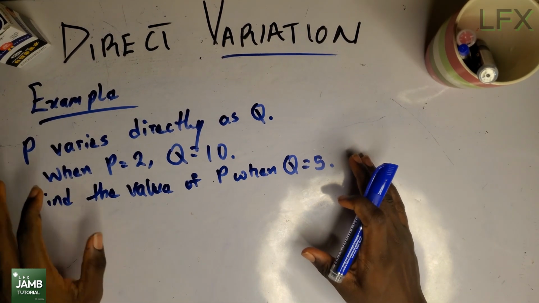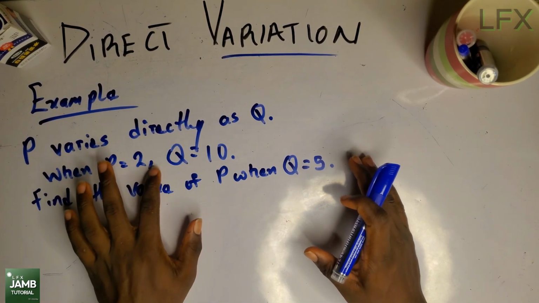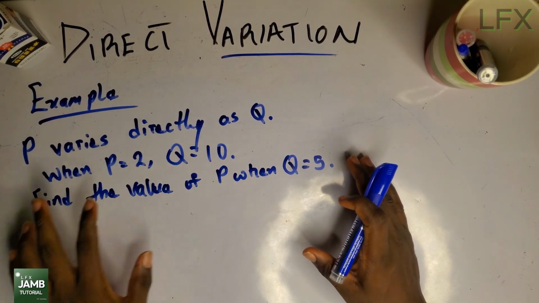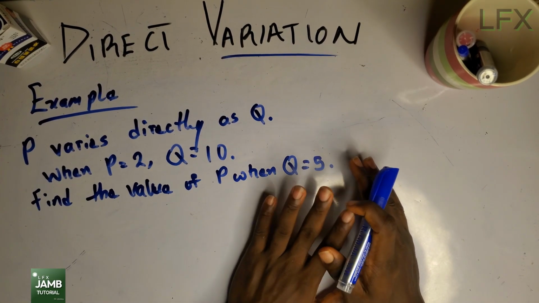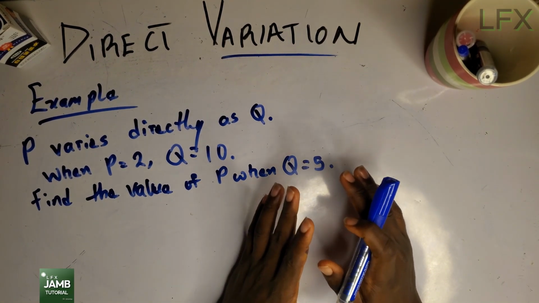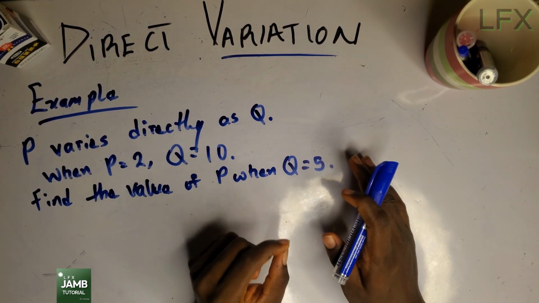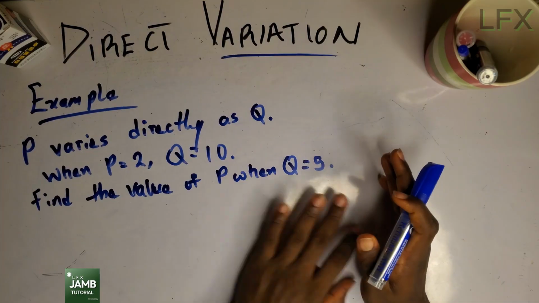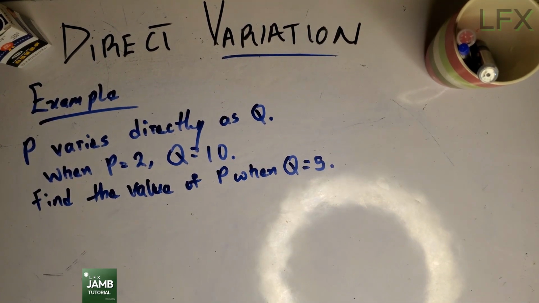The question says P varies directly as Q. When P equals 2, Q equals 10. Find the value of P when Q is 5. So we are going to simply follow the direct variation we just explained. The first thing we need to do is to find the constant of proportionality. Quickly jot this question down so that we can carry on.